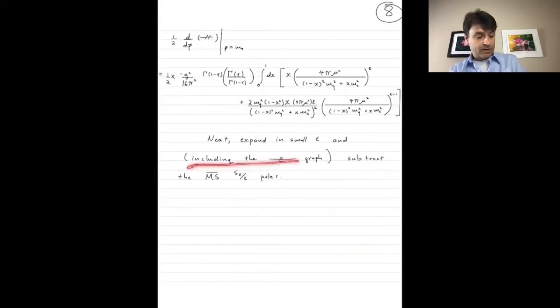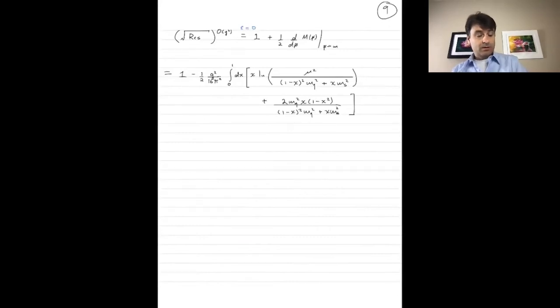If I expand in small epsilon, identify the 1 over epsilon pole, and subtract the S over epsilon pole to account for the counterterm graph, then I get a finite answer. That's what the renormalization program gives us.